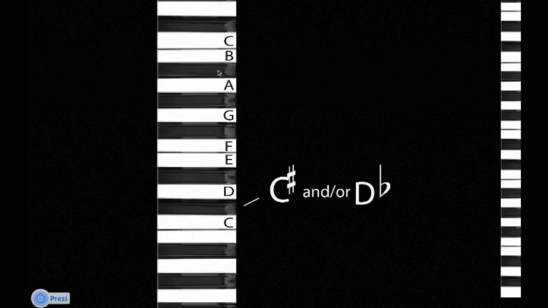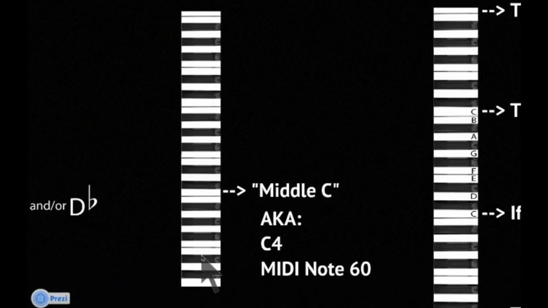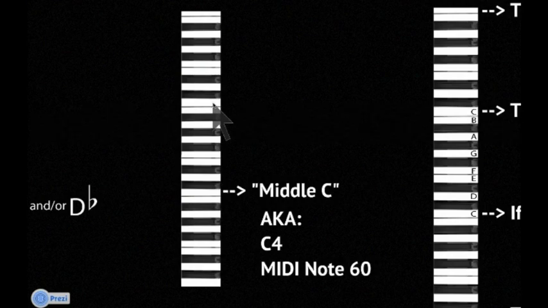So always watch out for this pattern, 2 and 3. That's going to repeat over and over and over. Looking here, 2, 3, 2, 3. Here's our pattern of 2, there's a C. Here's a pattern of 2, there's a C. So C is always just underneath the pattern of 2 black notes.